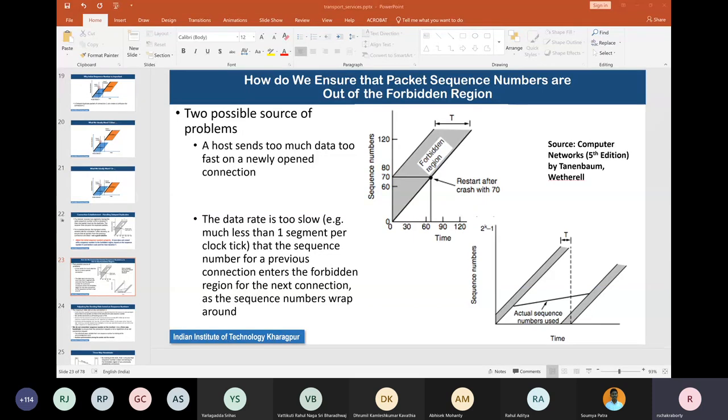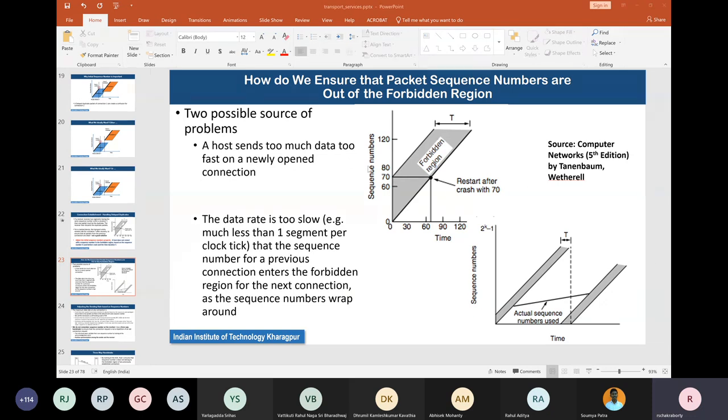So you are saying that you will not send out packets at a rate more than 1 per clock tick, 1 per nanosecond. That is fine, and you can easily do that.